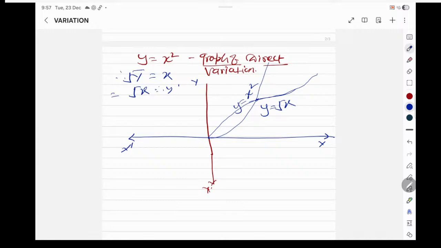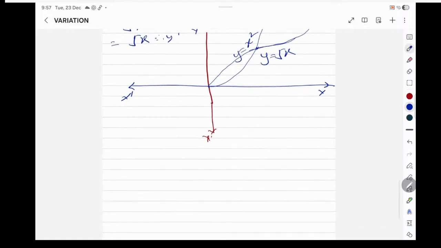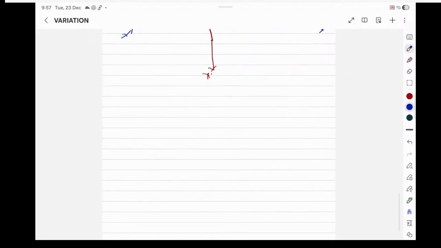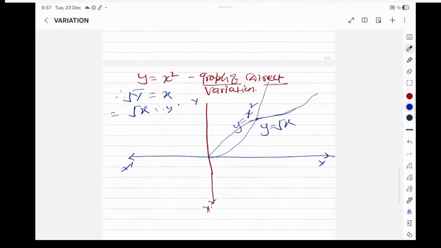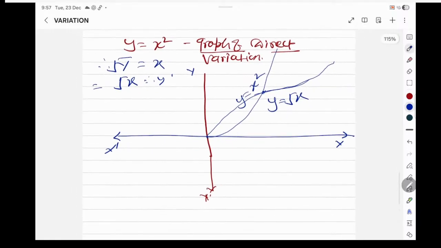Here x is increasing, then y is also increasing. So this graph is very important. Now I will discuss an example question on direct proportionality.